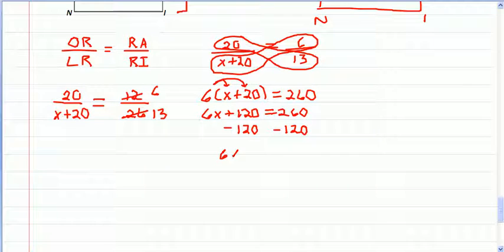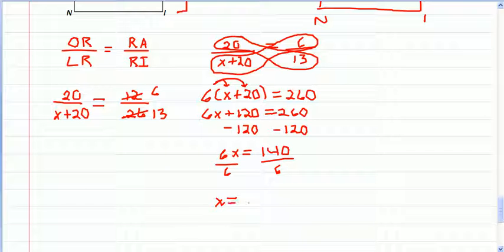And I get 6x is equal to 140. I divide both sides by 6, and I get x is equal 140 over 6.